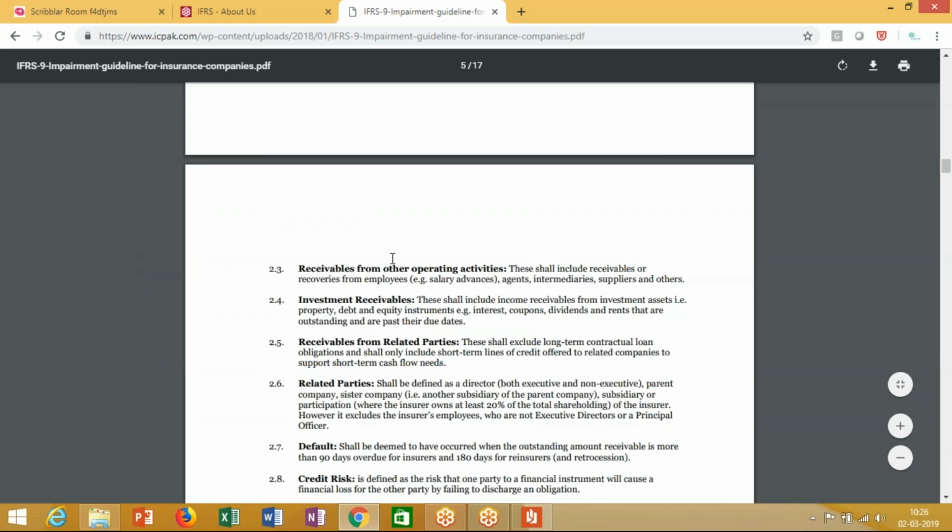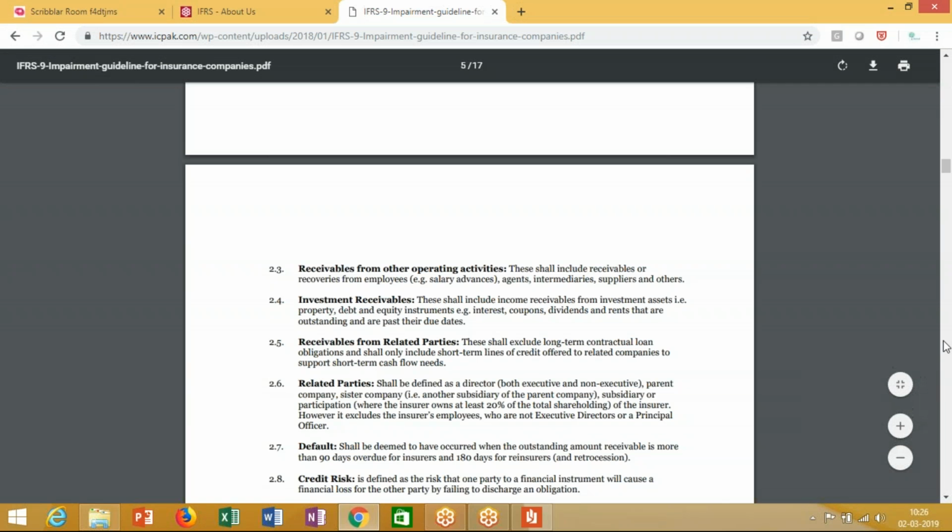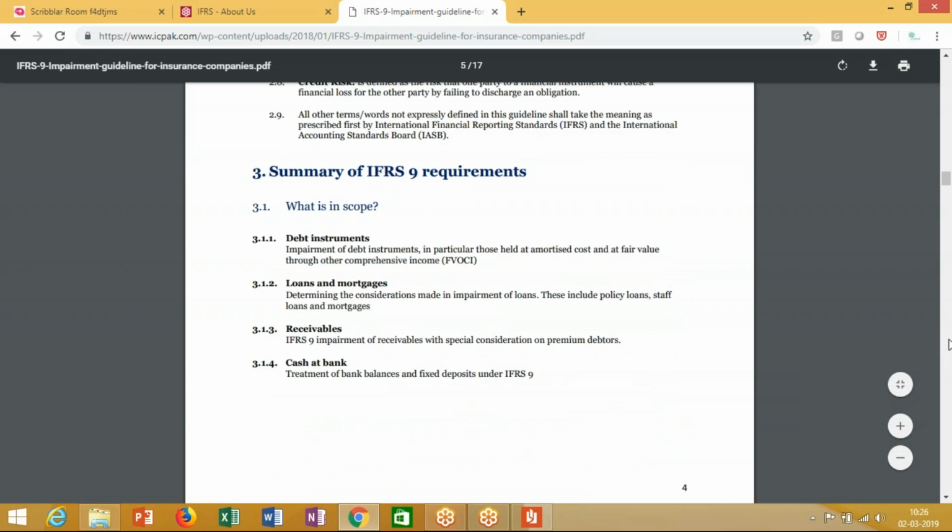Investment receivables are income receivable from an investment asset, that is property, debt, equity instruments, etc., that are outstanding and past their due dates. We'll come back to these investments at a later time.